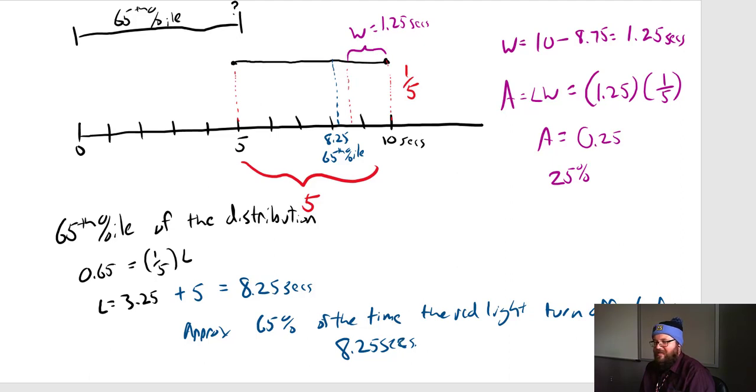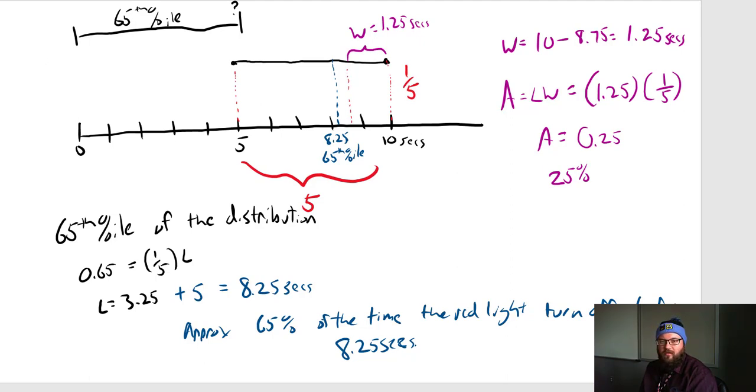Because we're saying the 65th percentile, so 65% of the time it falls below 8.25. Anywhere from 5 to 8.25, it falls 65% of the time. It falls in that range. Okay? Hopefully that makes a little bit better sense on density curves.